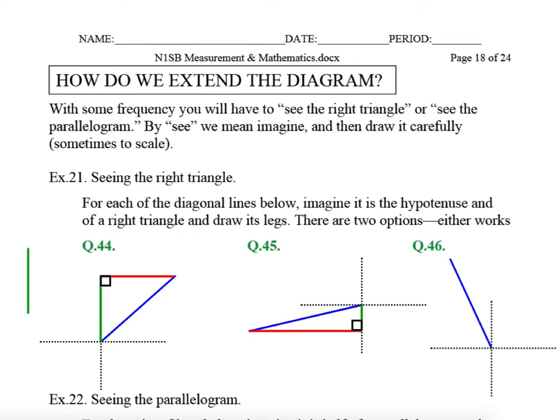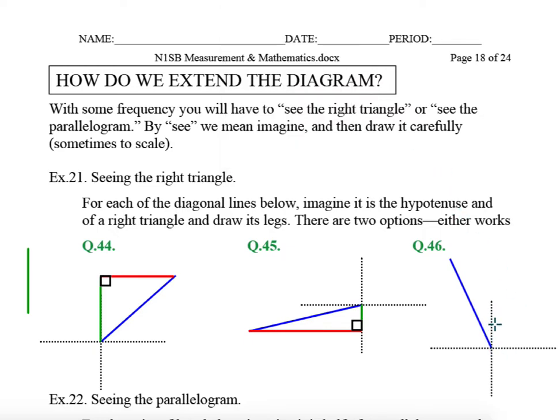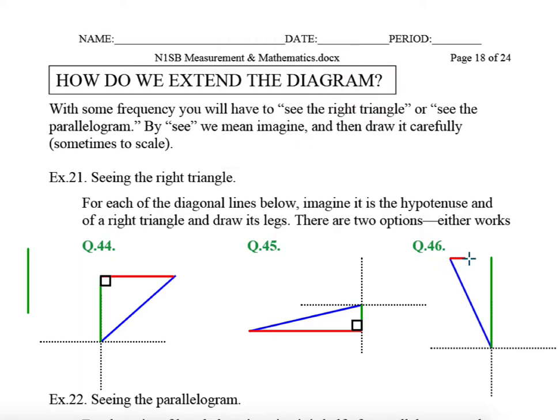Let's add our legs to this one. Maybe this time we can do the vertical first. Why not? Here we go. Oh, that was too much. That's too little. Right about there. And now we need to do our horizontal. There it is.